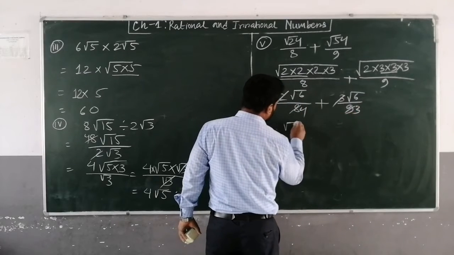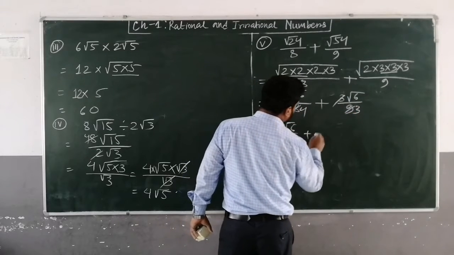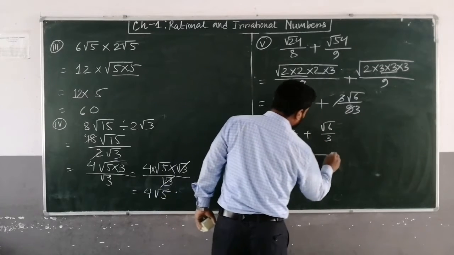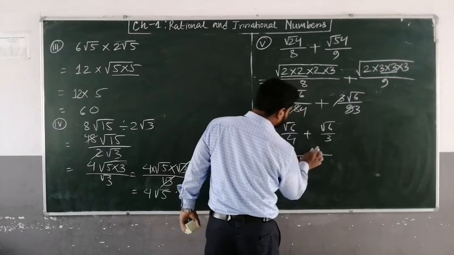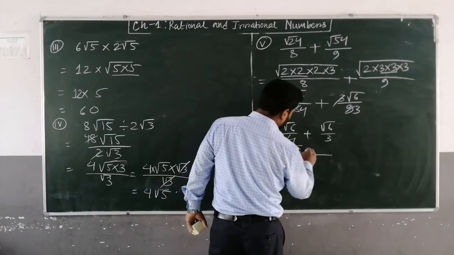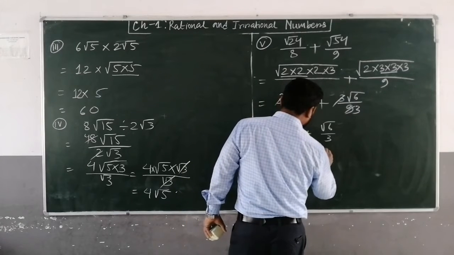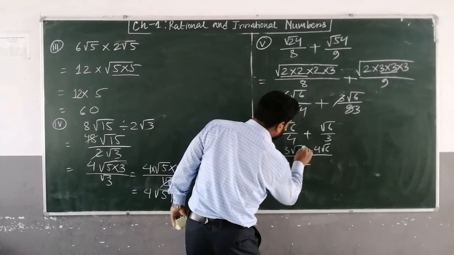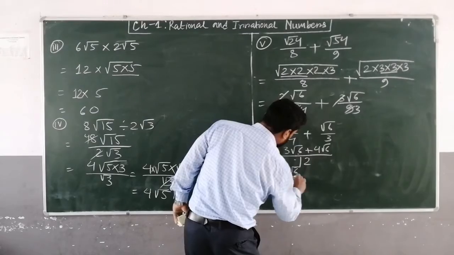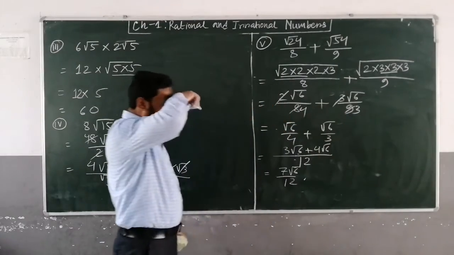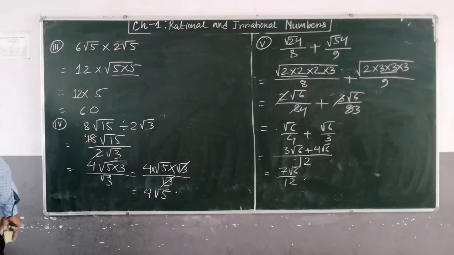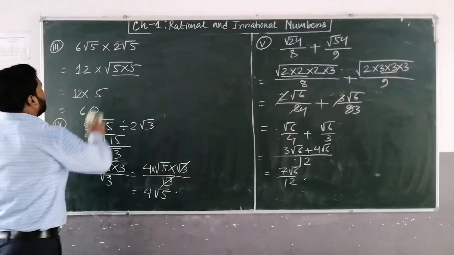So under root 6 upon 4 plus under root 6 upon 3 is equal to, this is 12, 3 root 6 plus 4 root 6, which equals 7 root 6 upon 12. Okay, so this is the simplification. Okay, next part, how will we solve?